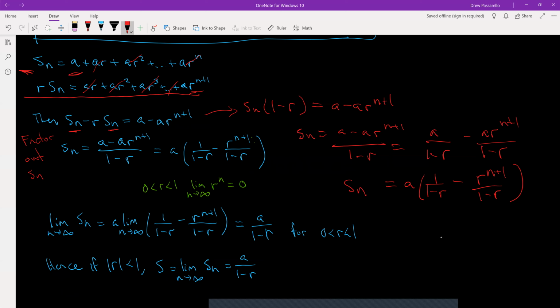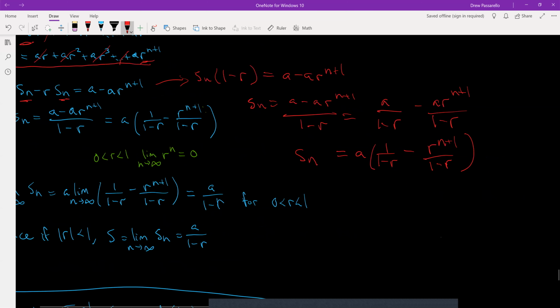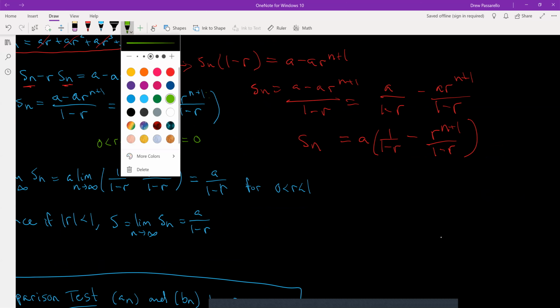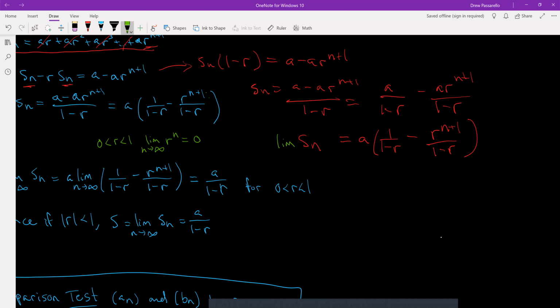So now if it converges, that means the sequence of the nth partial sums converges. So if we take the limit, we get the limit of Sn is equal to the limit of everything on the right.